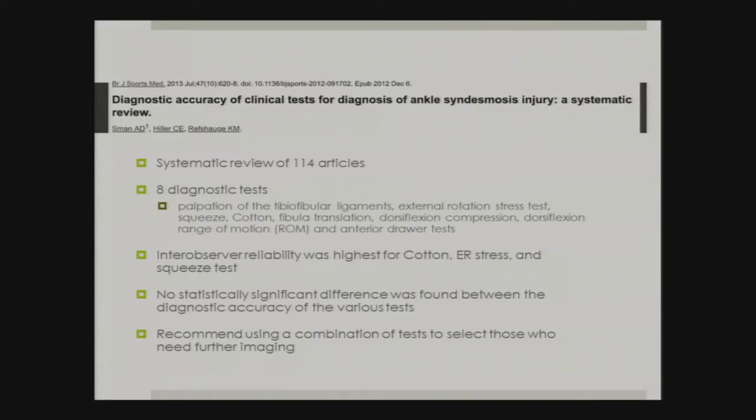I hadn't observed that test before, but they said that it was on par with the external rotation stress test and the squeeze test as well. Bottom line of this study was that they recommended using a combination of these, and that no one single test had a very good diagnostic accuracy.